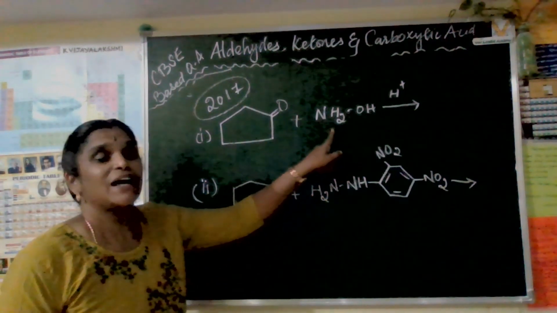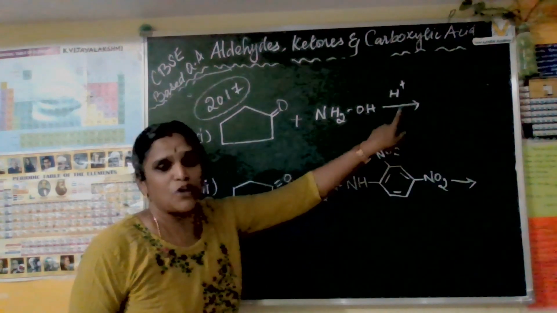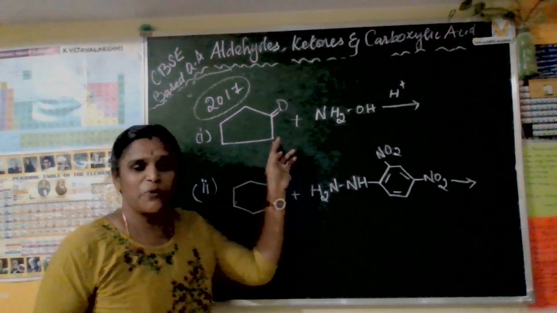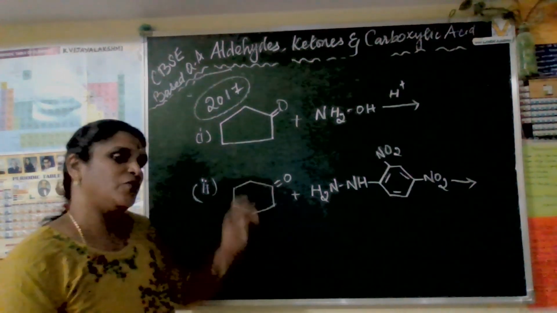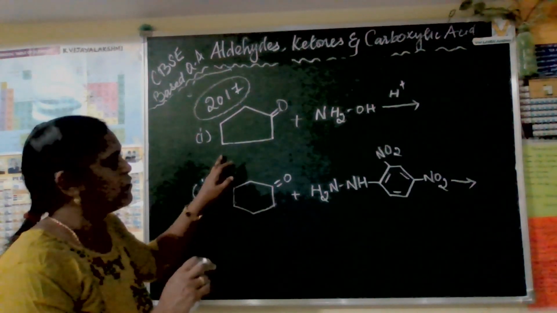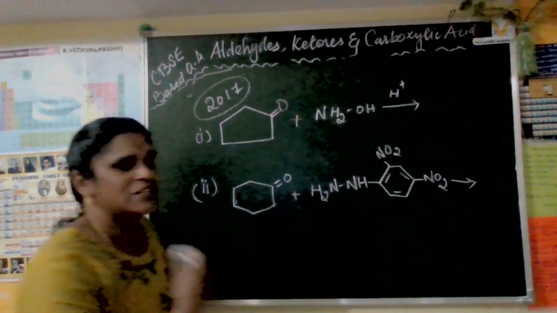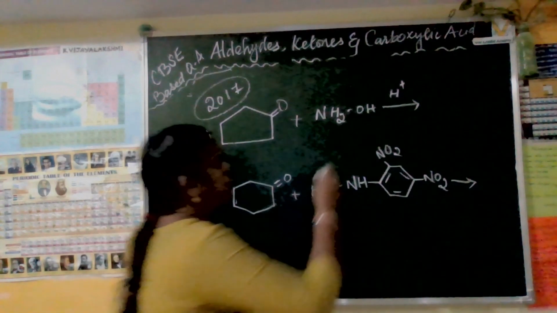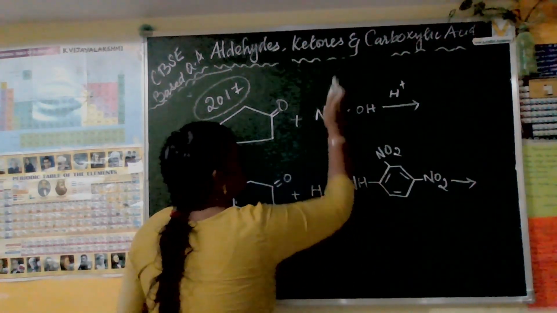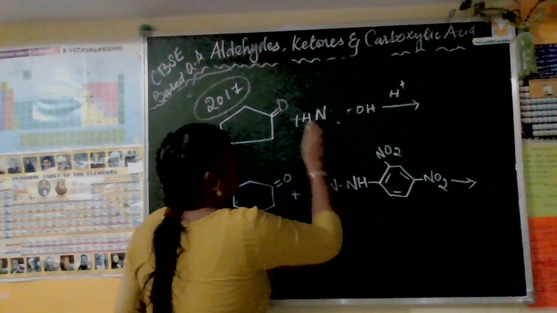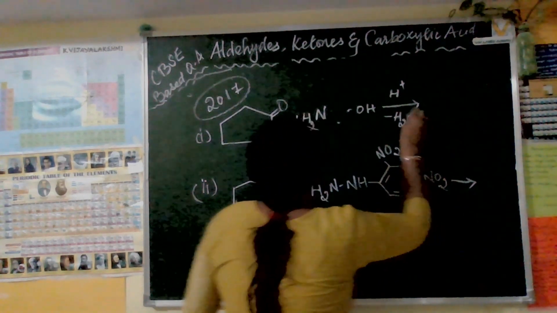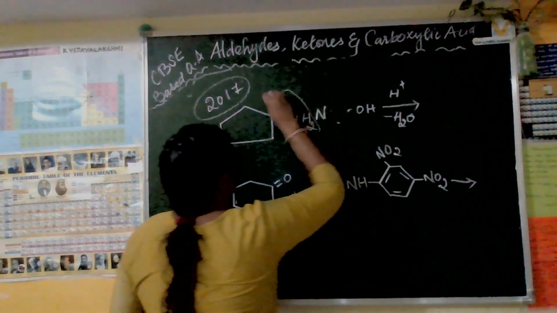Cyclopentanone combined with hydroxylamine in the presence of acid. What will you get? Already we have gone through cyclobutanone; now cyclopentanone. You know how much preference they give this question. Please go through it thoroughly. Cyclopentanone loses water, so you will get the oxime product only. Removal of water takes place, so here it's very simple.